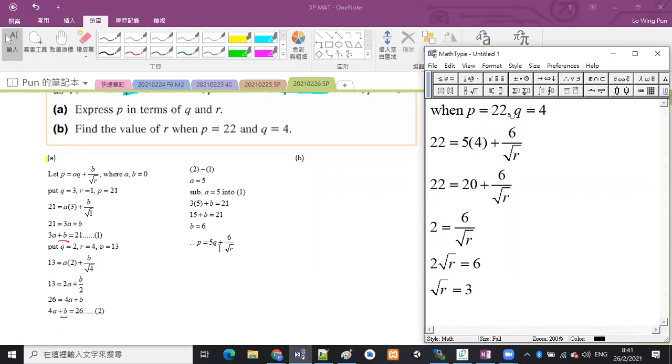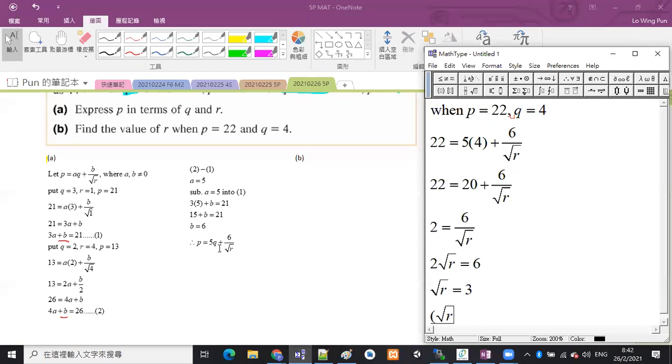And now, I want to find R, but R is trapped inside the square roots. So what is the tool that can be used to cancel out the square root? How can we cancel out the square root? OK, that is, we square it, right?